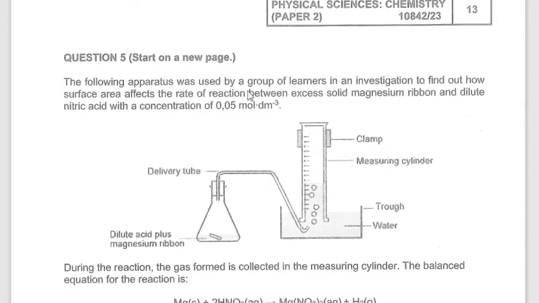The following apparatus is used by a group of learners in an investigation to find out how the surface area affects the rate of reaction. They're saying between excess, this word is very important, excess solid magnesium ribbon with nitric acid. Meaning that the magnesium ribbon is in excess. It can't be a limiting factor.